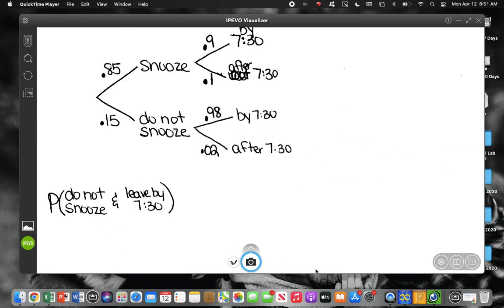All right. What is the probability that I do not snooze and I leave by 7:30? Well, 0.15. You want the answer when we get it?